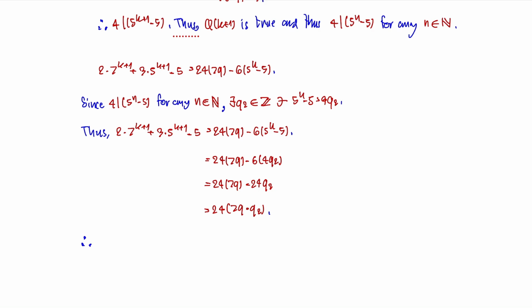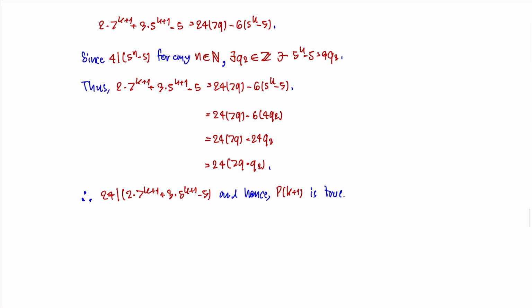Okay, so 24 divides 2 times 7 to the k plus 1 plus 3 times 5 to the k plus 1 minus 5. Okay, and hence P of k plus 1 is true. Okay, since P of k plus 1 is true, what do we have? Therefore, we have shown this example.